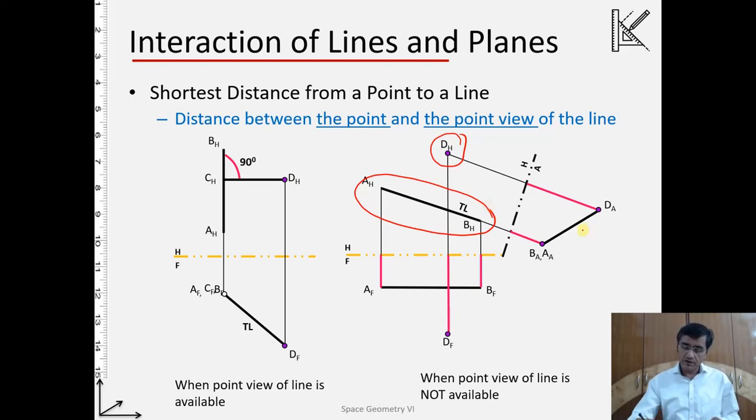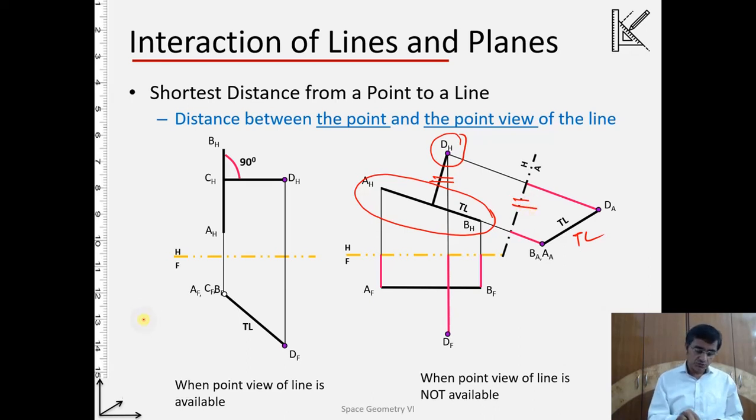We know it, this is true length. Okay, if this is true length, let me give some names also here. True length, from point D onto the line AB over here, it has to be parallel to the auxiliary plane.